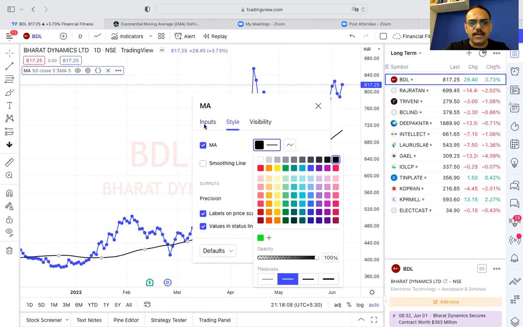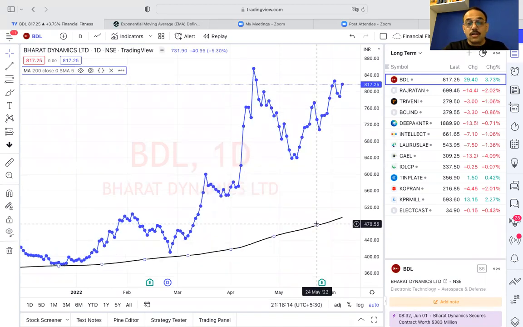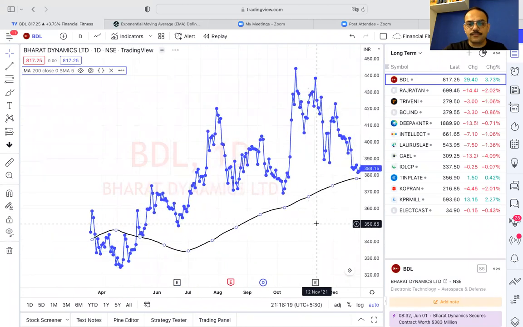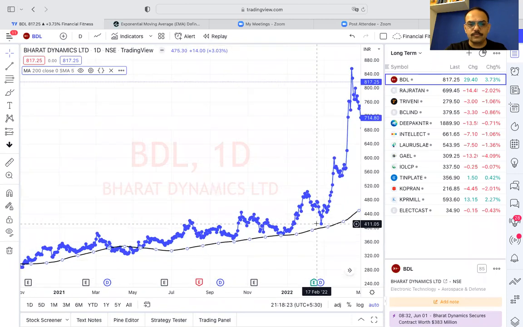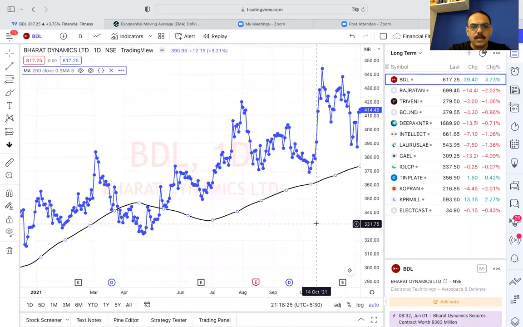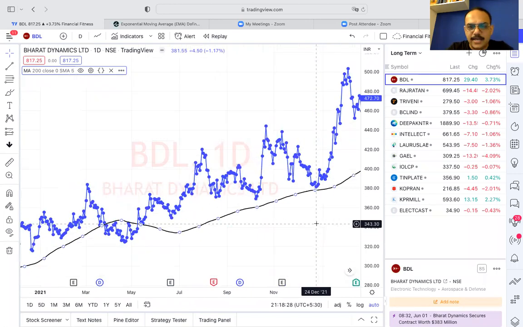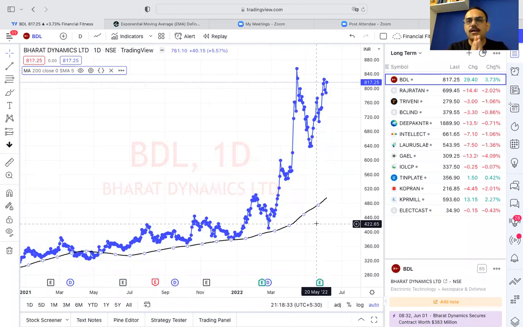So let's start with 200. Now this is the 200-day moving average. Like I said, the moving averages which are used are 200, 50, 20, 10, and 5.